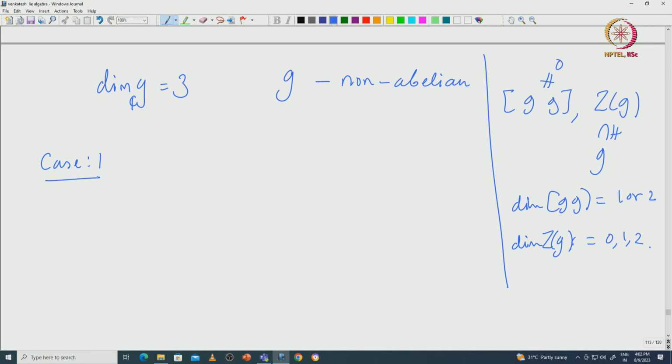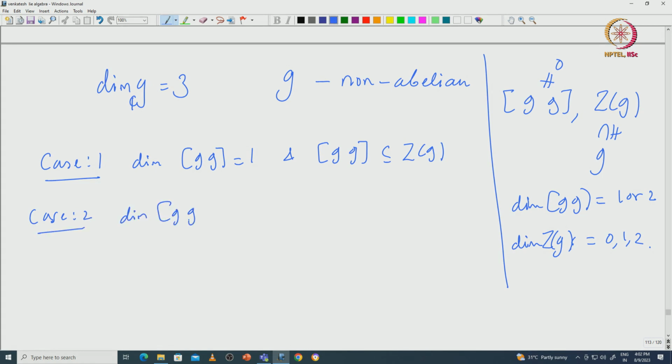Case 1 will be the dimension of the derived algebra being 1 and the derived algebra being a subalgebra of the center. Case 2 will be the dimension of the derived algebra being 1, but it is not contained in the center.